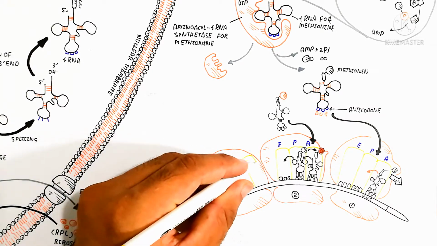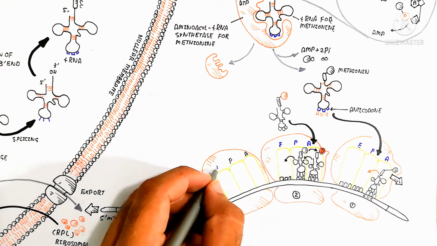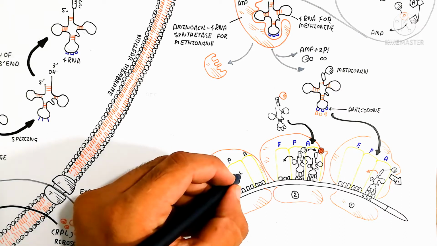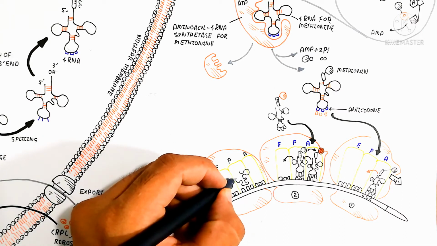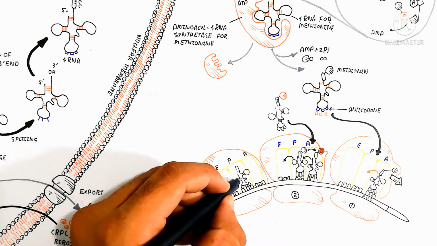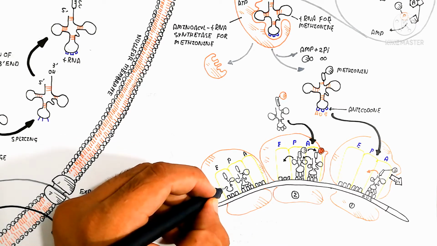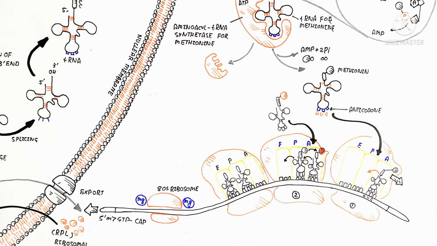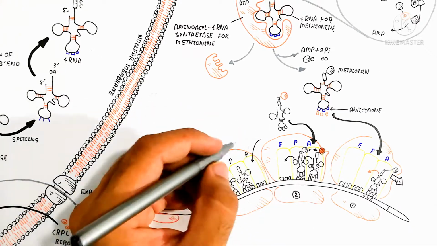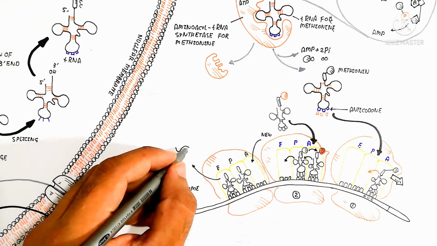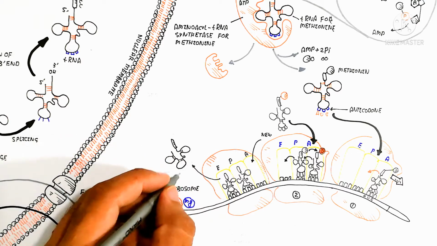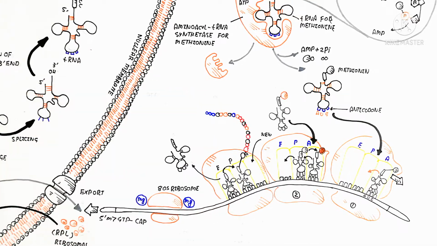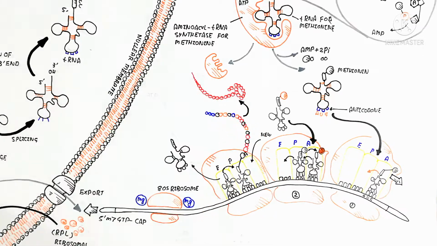After this, the amino acid will be attached to the peptidyl site and released from the A site to move to the P site. Then at the E site, the methionine-containing transfer RNA will give the methionine to the P site-containing transfer RNA. So here you can see the new one will be added, and here is the releasing or exit site. The exit site will exit, and another will be added here.